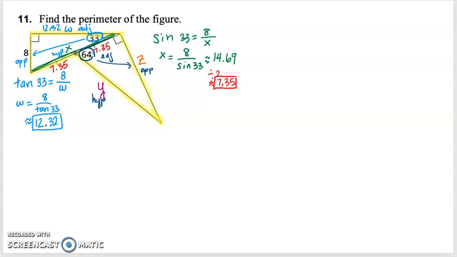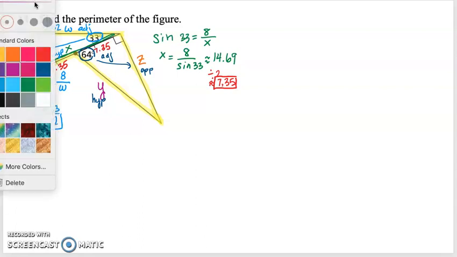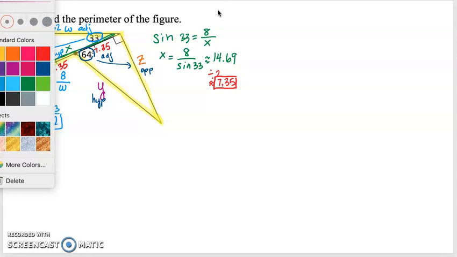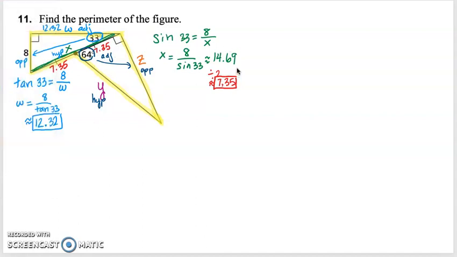So let's go with Y first. So I'm going to need to use my 7.35 here, and usually that's not what I would want to do, but there's not a good way to use an exact value for that one. So we're just going to use the 7.35.